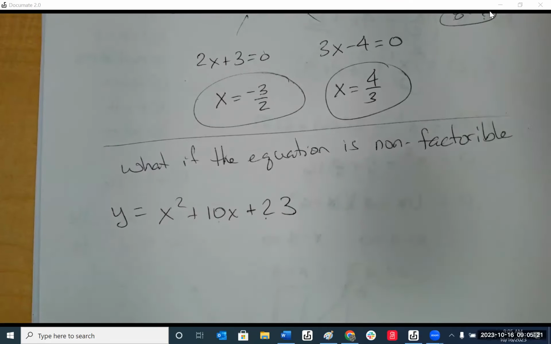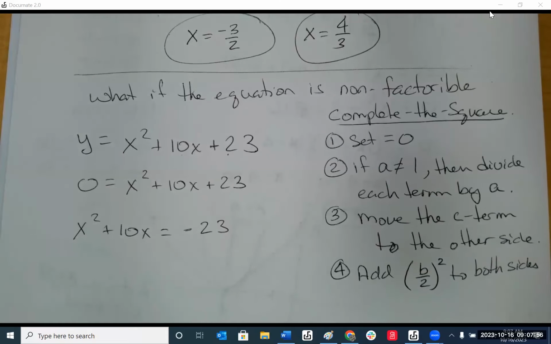Now, add b over 2 squared to both sides. So what is our B term?